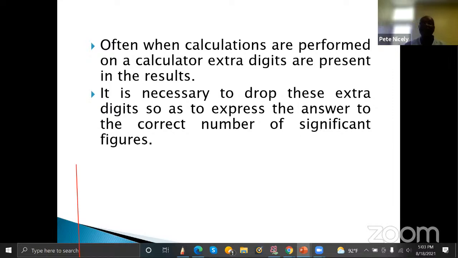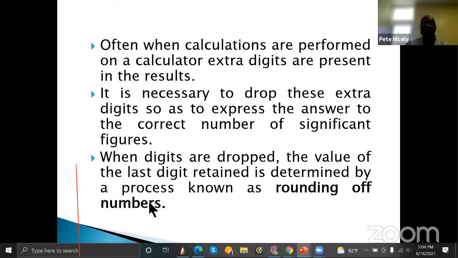So it becomes necessary to drop these extra digits to achieve that. And we call that process of dropping those extra digits rounding off. And in rounding off, we have to determine the nature of the last digit to be retained, all right?